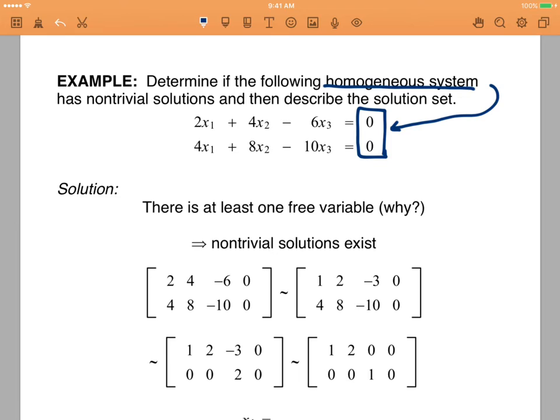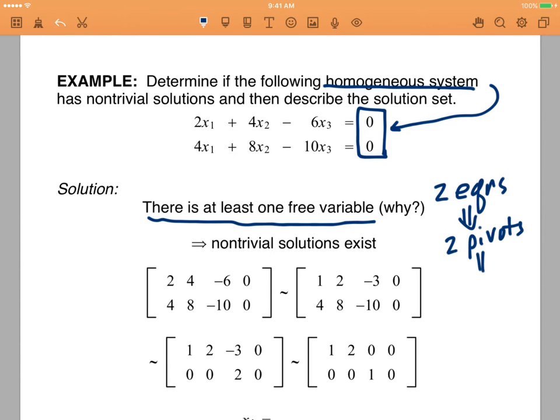Without doing any echelon form, they claim that there's at least one free variable. Why? Because if we look at the number of equations and the number of unknowns, we only have 2 equations. So that means we can have at most 2 pivot points. So 2 equations means 2 pivots, which means at least one free variable.